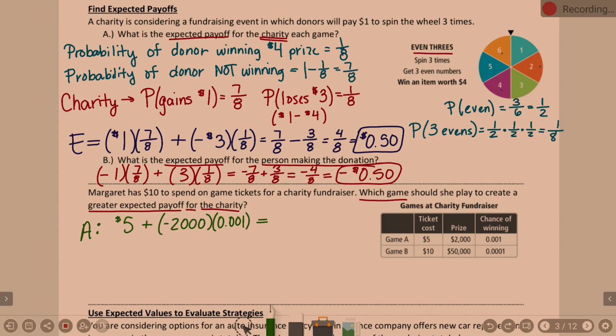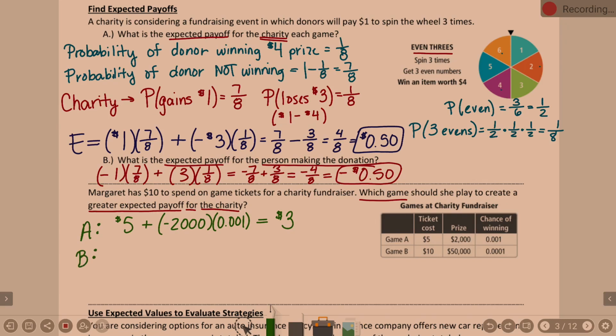The 2,000 times the 0.001 is 2. And so 5 plus negative 2 is going to be $3. So on average, over a period of time, with multiple people playing game A, the charity is basically earning $3 every time somebody plays game A. Okay? Let's check game B out.